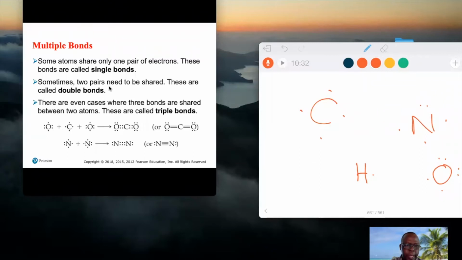So the take home message from me is how the double bond and triple bond look compared to a single bond. Once I get to walking you through how to draw the Lewis structure for molecules or polyatomic ions, you will see how double bond or triple bond will just come out automatically, that you don't have to memorize that nitrogen gas has triple bond or carbon dioxide has double bond.